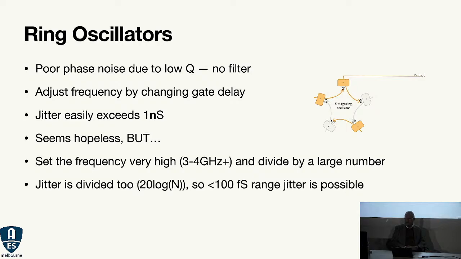So you start with something that's really pretty poor and crank it up to a few gigahertz and divide it down, and you get a pretty clean clock. There is a limit, because otherwise you'd say, why don't we just keep going higher and higher and make it more and more perfect? And there is some of that going on out there, but there is a limit because dividers also add noise every time you run another stage of a divider. It has some noise of its own, and so you reach sort of an impasse.